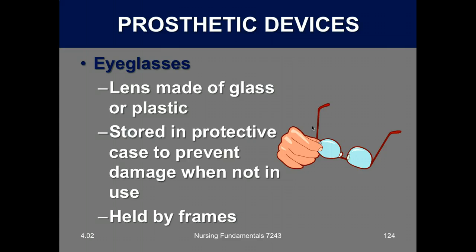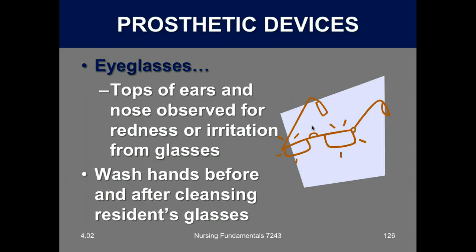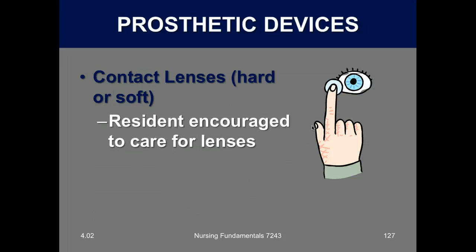They are held by the frames. They're washed under running water using mild detergent, rinsed with clear water, dried with tissue or a soft cloth. The tops of the ears and nose need to be observed for redness or irritation from glasses. Make sure you wash your hands before and after cleaning the glasses.